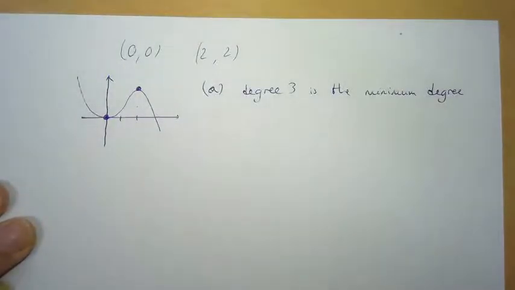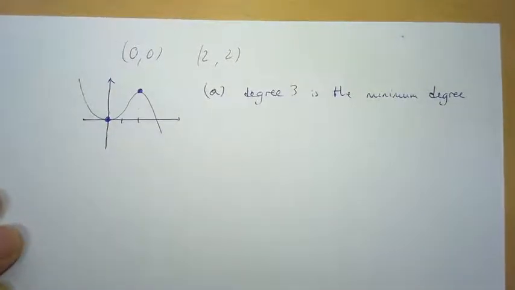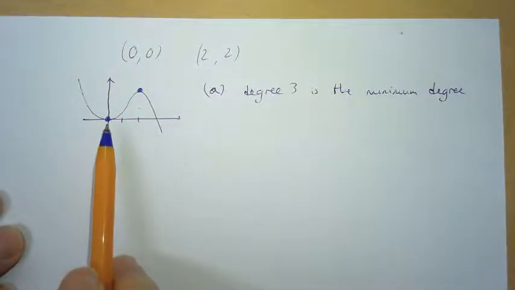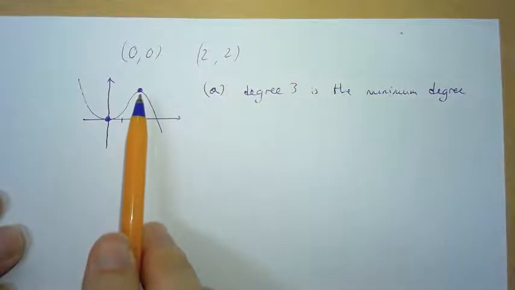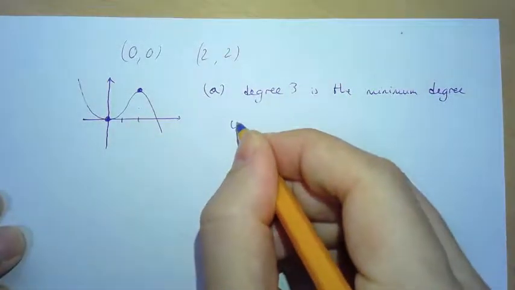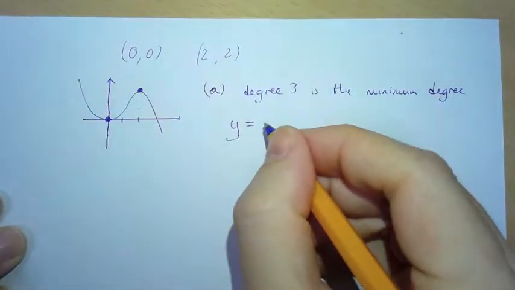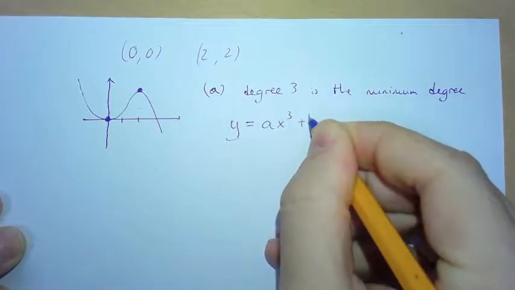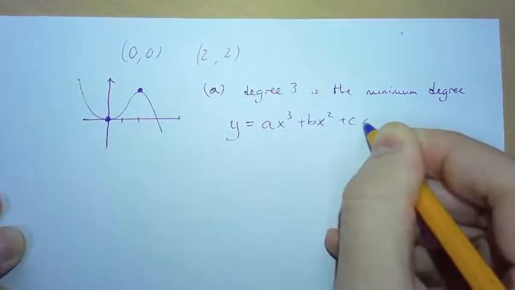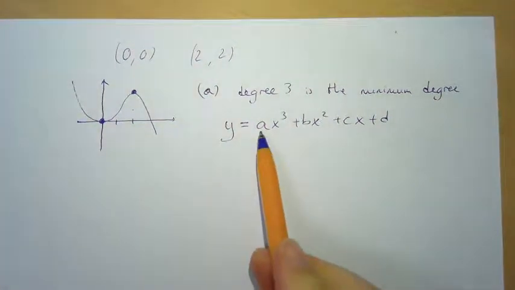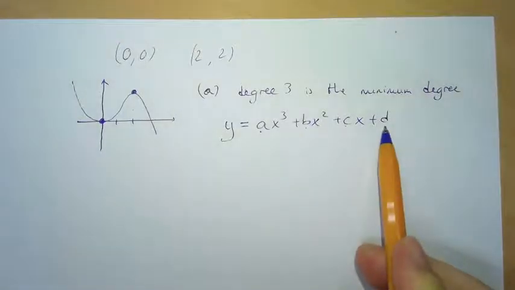Now, we are not going to do question B, but the question is, what is that polynomial? What is that cubic function that has the property of a minimum at 0, 0 and a maximum at 2, 2? To do that, you would need to write the general equation of a cubic function, ax cubed plus bx squared plus cx plus d, and we have 1, 2, 3, 4 unknowns.